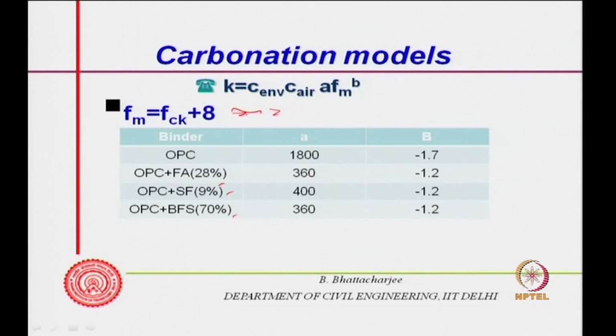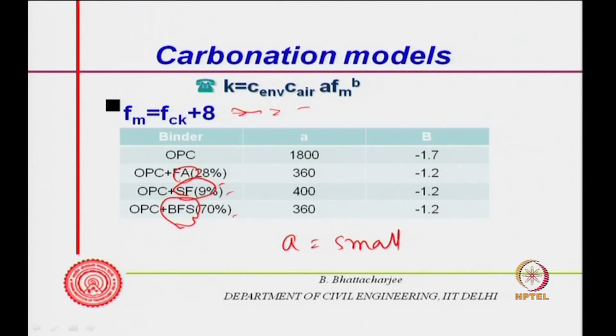So, that means carbonation is likely to be faster for identical conditions of environment and air with a blended system, with fly ash blending. Well, we have understood, because we know that the alkaline materials are consumed by blast furnace slag and silica fume. So, with less alkaline material, A will now be smaller.